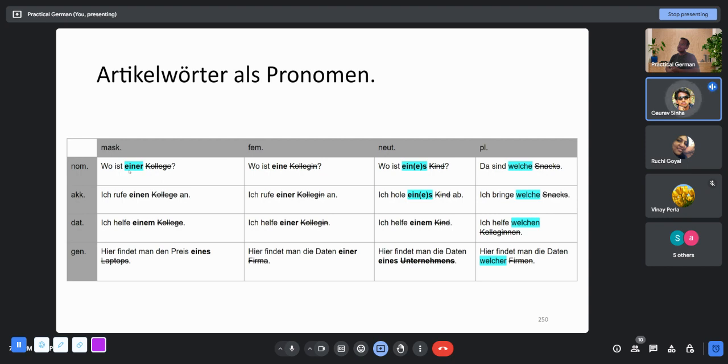Ich hole eines ab. Ich bringe welche. Ich helfe einem. Ich helfe einer. Ich helfe einem. Ich helfe welchen. Hier findet man den Preis eines. Hier findet man die Daten einer. Hier findet man die Daten eines. Hier findet man die Daten welcher.